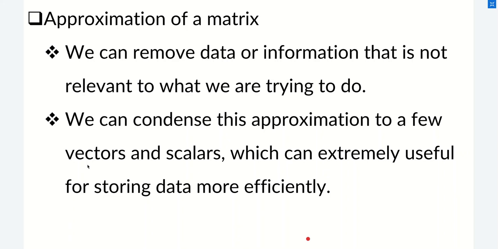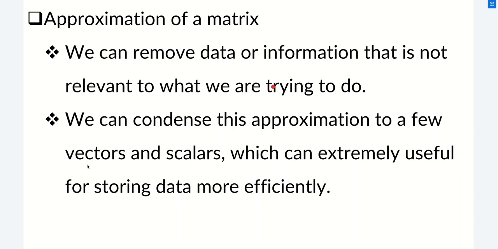This is where we talk about dimensionality reduction, where you have your matrix, you pay attention to the important ones and remove the unimportant ones. If I say remove unimportant ones, I'm talking about the features. So we can remove data or information that is not relevant to what we are trying to do. When it happens like that, we condense this. So this gives us an approximation, and this helps.